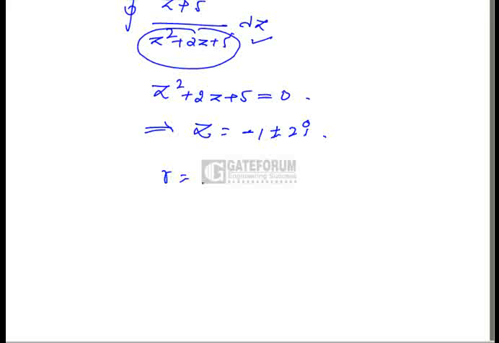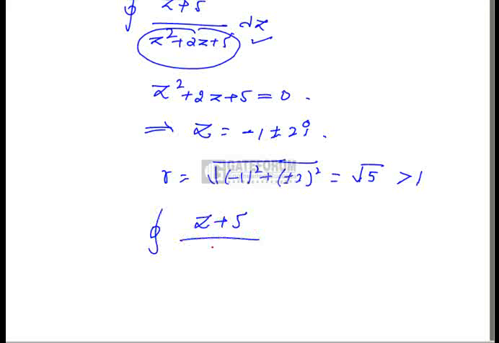Now, the value of r is nothing but root over minus 1 square plus or minus 2 square, which will be root 5, always greater than 1. That means these poles lie outside the unit circle. So if the poles lie outside the unit circle, the value of the integral will always be 0. So therefore the integral of z plus 5 by z square plus 2z plus 5 will be 0.